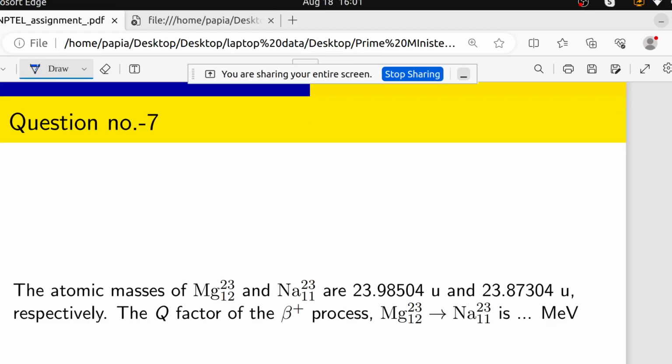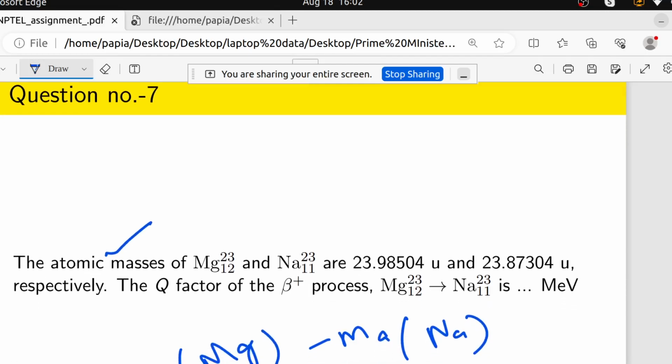Okay, now come to the next question. The atomic masses of Mg and Na are given. The Q factor of the beta plus process is what? It's a very similar one to what we have done previously, so just do it quickly. As we have said, here also it is mentioned that these are atomic masses. That means Q is Ma of Mg minus Ma of Na minus 2 into Me.